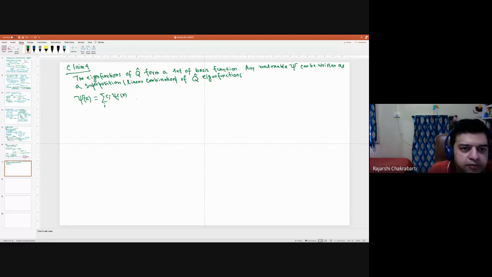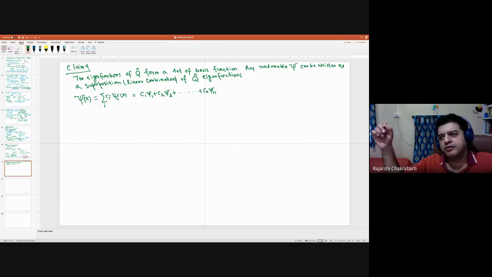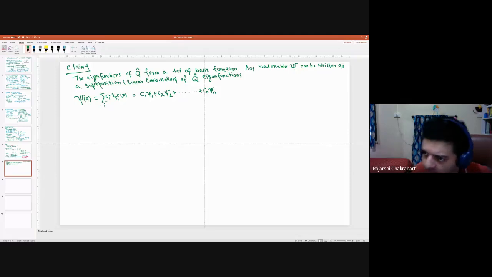You understand this, no? This is not a very difficult thing. Any arbitrary function, I told you in the particle in a box, within that interval 0 and L, any function can be expressed as a linear combination of the eigenfunctions. This is essentially the same thing I am doing. So let us calculate this.